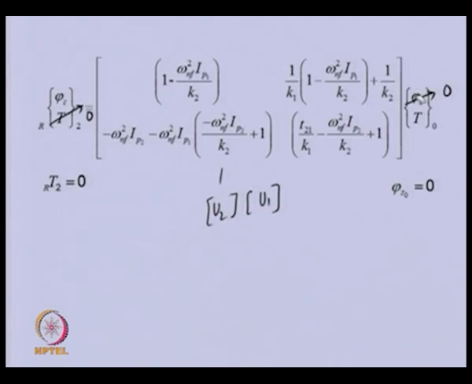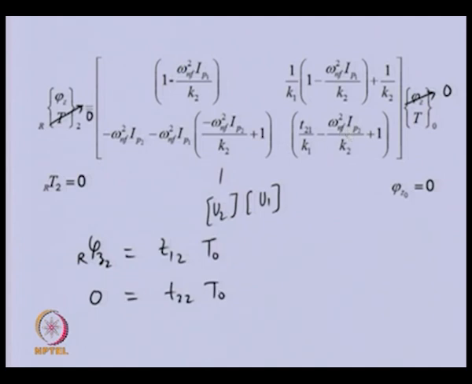So if we expand this, the first equation will give us T12 times T naught. T12 is this quantity, and the second equation will give us T22 times T naught. So T22 is this one.